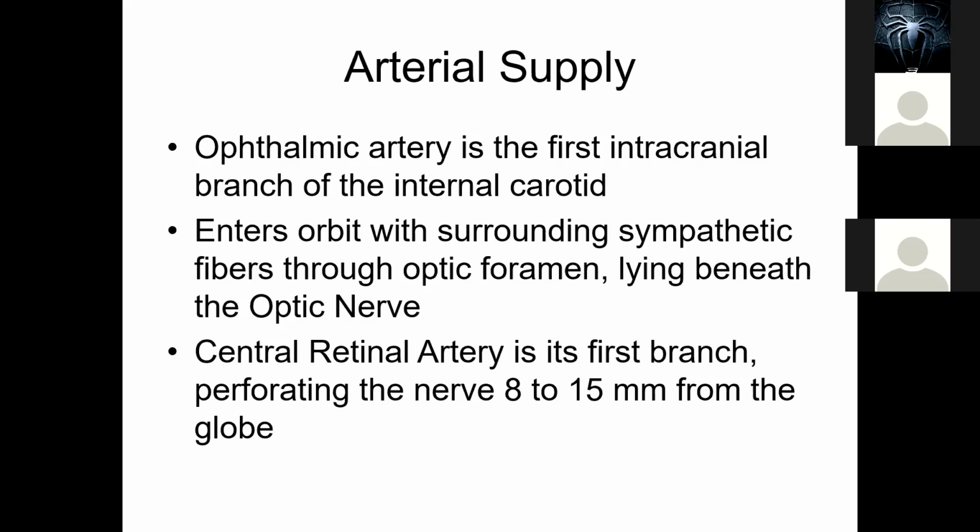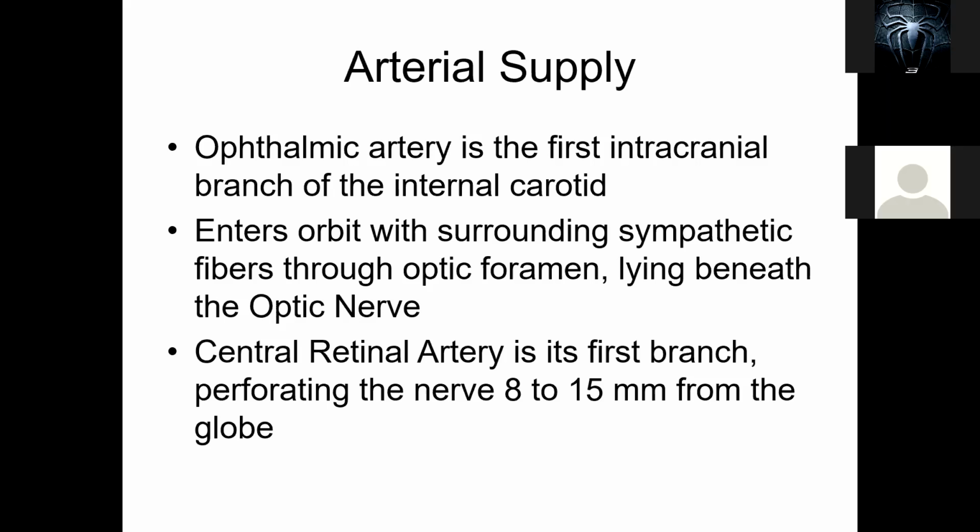This artery enters the orbit with its surrounding sympathetic fibers through the optic foramen. I mentioned that there are two main apertures in the orbital apex: one is the optic foramen and the other the superior orbital fissure. So it enters through the optic foramen lying beneath the optic nerve.